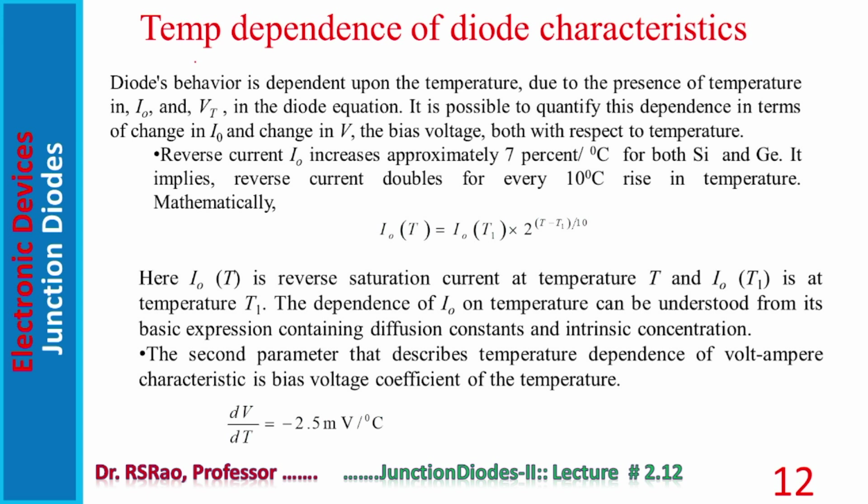Now, some more important points regarding VI characteristic of diode or Shockley diode equation. These points are given under temperature dependence of diode characteristics. Before going to the actual points, it is better to remind ourselves of the fact that the behavior of all semiconductor devices changes with temperature, and it is also considered to be the biggest drawback pertaining to semiconductor devices.